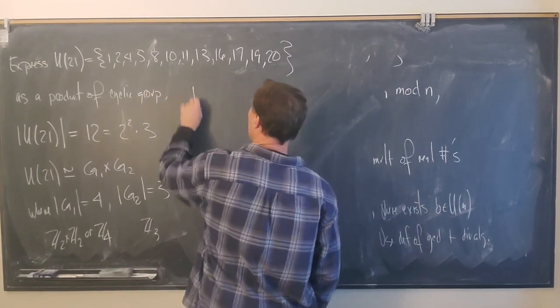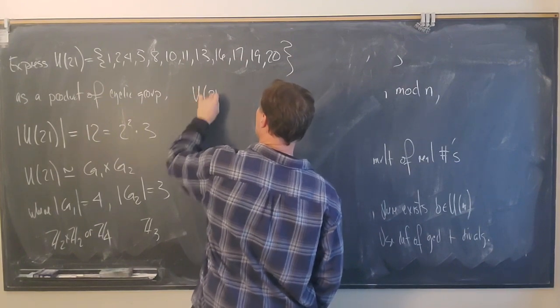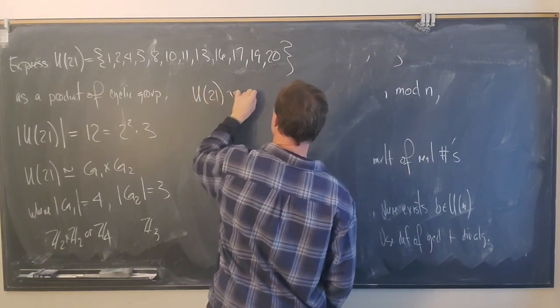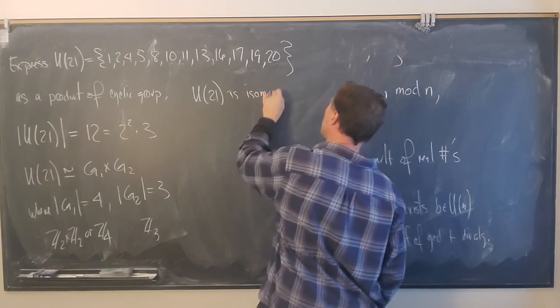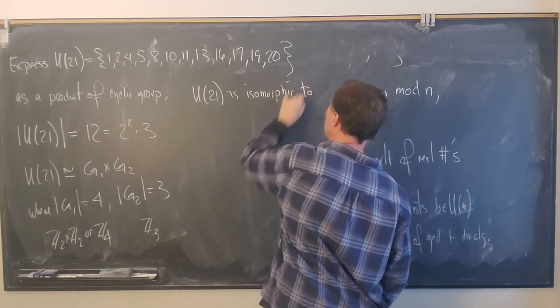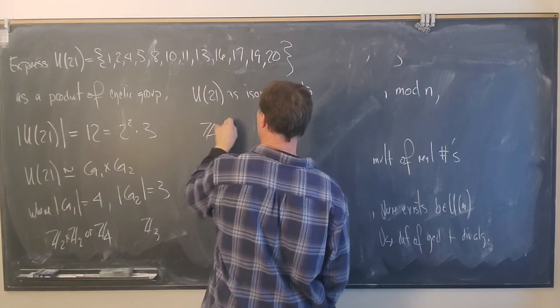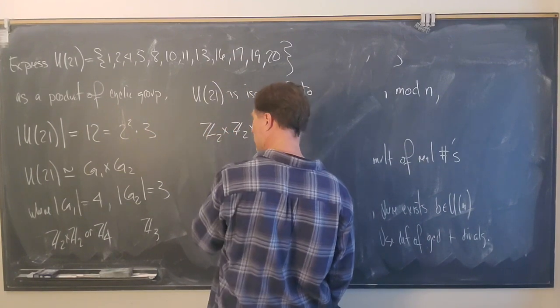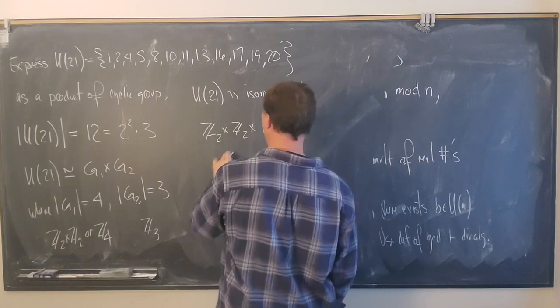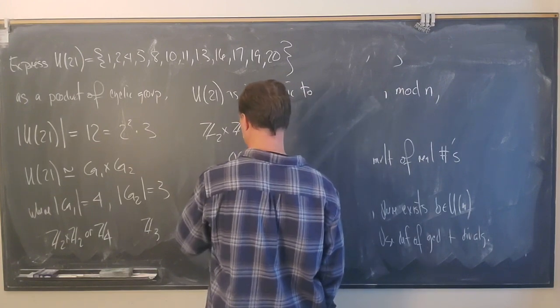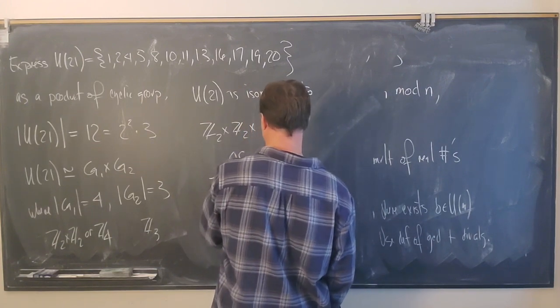So what we know is that U21 is isomorphic to, and our possibilities are Z2 cross Z2 cross Z3 or Z4 cross Z3.